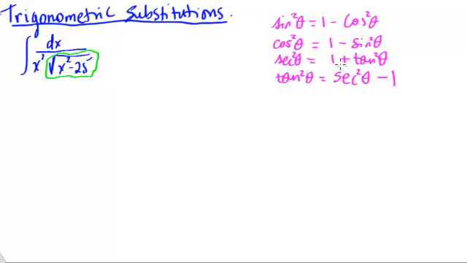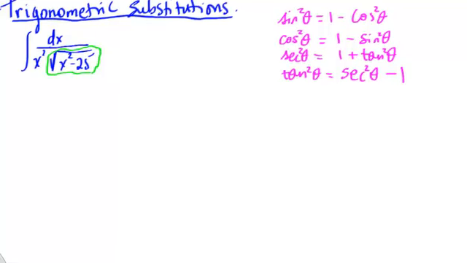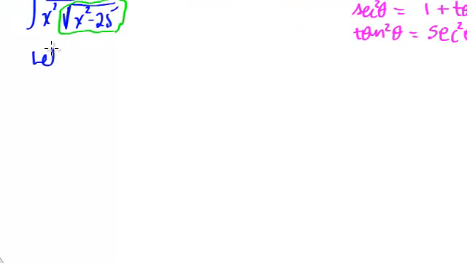The trig identity that we'll be using is one of those trig identities, and you can see that x squared minus 25 kind of resembles sec squared theta minus 1. If I have an x somewhat like sec theta, then I can simplify the 25 and be able to use this trig identity. So now let's let x be 5 secant of theta.